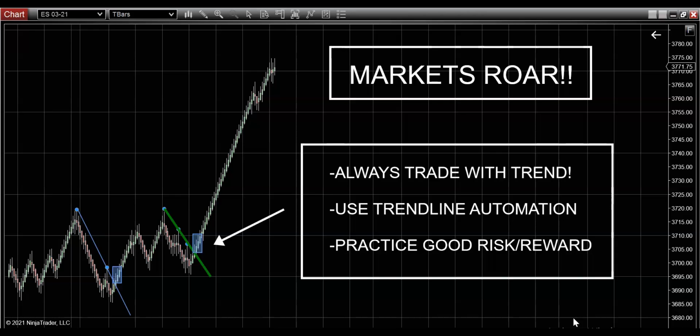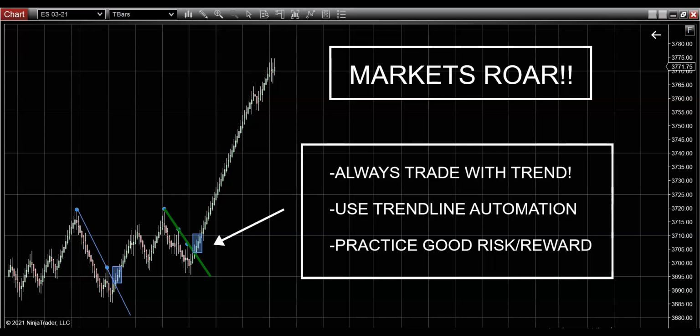And of course, guys, takeaway number three, for God's sakes, please practice good risk to reward metrics and techniques. Never risk more than you can afford to lose. Never risk more than you're comfortable losing. And of course, guys, you always have to let your winners run.